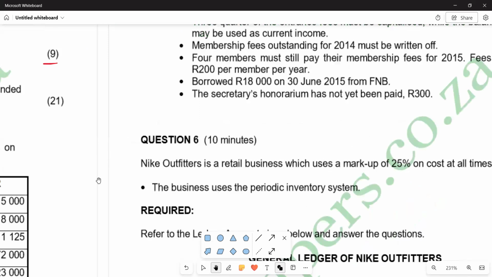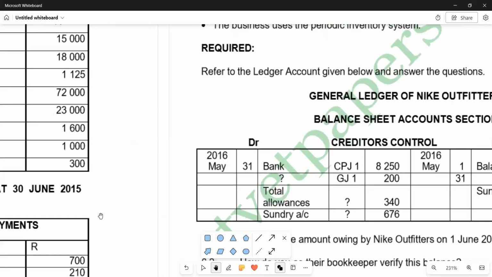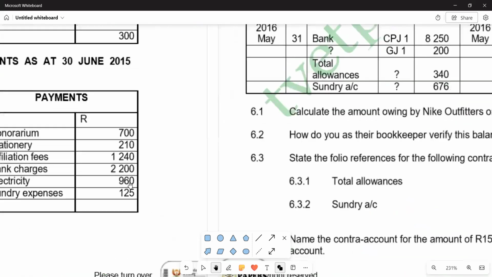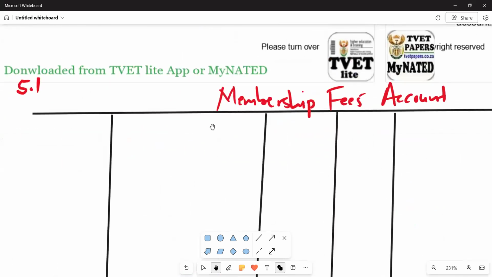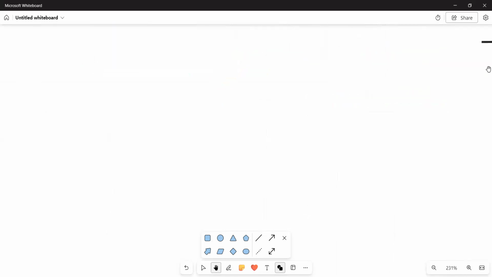If you go to our answer section, you see that we have the membership fees account. Here is the membership fees account that is already prepared. What is important is for you to know where to place the accruals at the beginning and the in advance at the beginning. Basically, the membership fees account is an income account, and for all income accounts, we should know where to place the opening balances and closing balances.